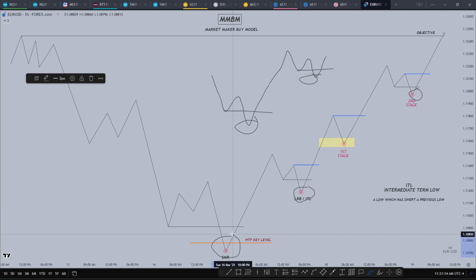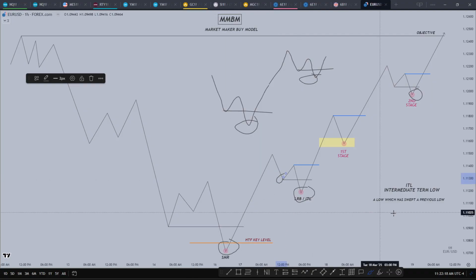This is not an intermediate term low because this, I don't want to go that much deep, but the SMR is the long term low, which is the lowest or highest, that is not intermediate, that is said to be long term low. Three types of lows: short term lows, intermediate term lows, long term lows. You don't need to know about short term lows or long term lows.